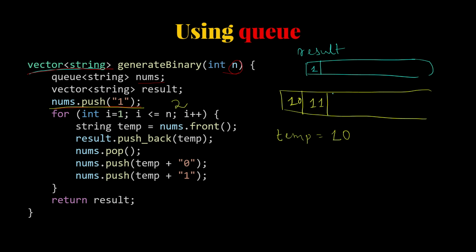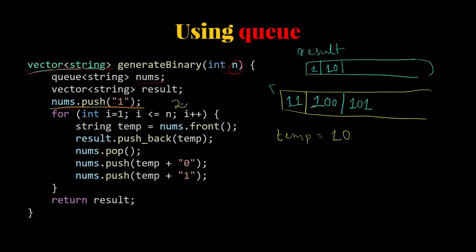Now we push this into the result, and then we pop this element out, so we only have 11 in the queue now. Since temp is 10, we push 100 and 101.